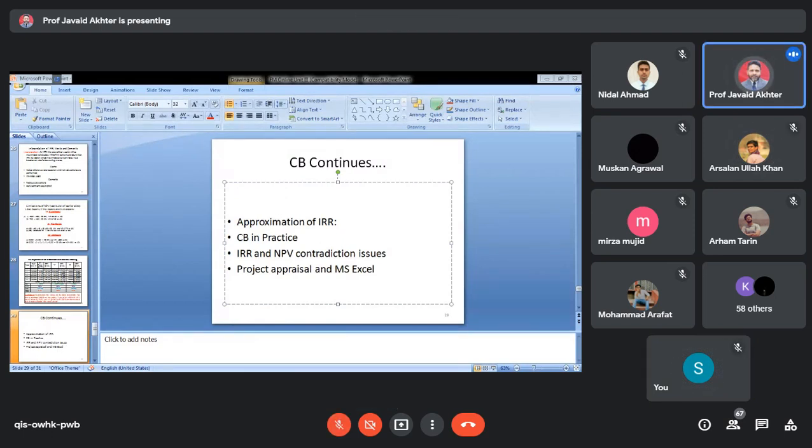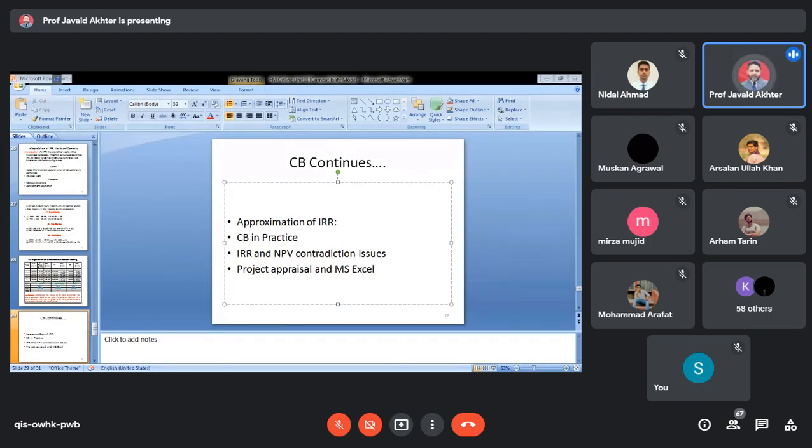If you deposit 1 rupee every year for 20 years, how many rupees will you deposit in 20 years? 20. It is simple, but the value of those 20 rupees will be 57 rupees 27 paise.